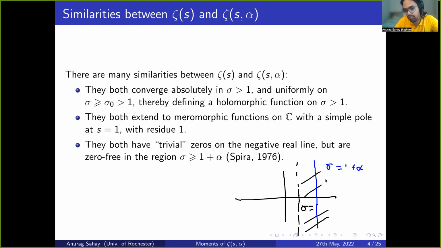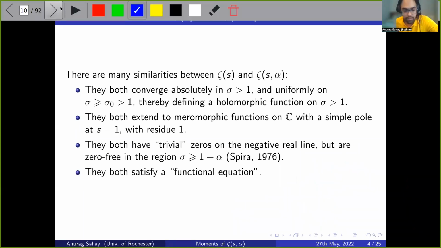If you're to the right of this line, it doesn't vanish. This was shown by Spira in 1976, and just to compare, if you set alpha equals 1, it just says that the usual zeta function doesn't vanish for sigma greater than or equal to 2.